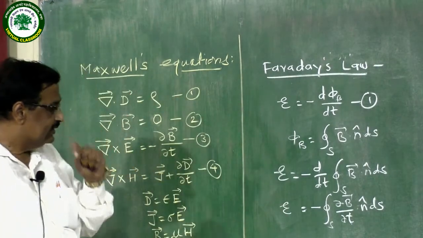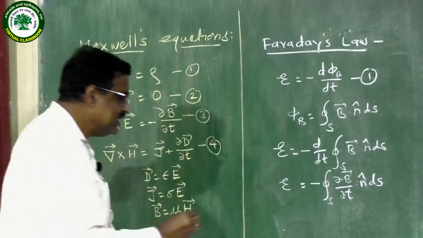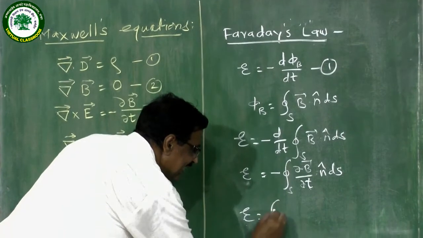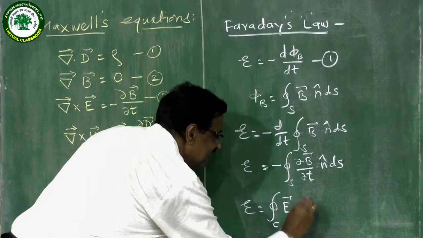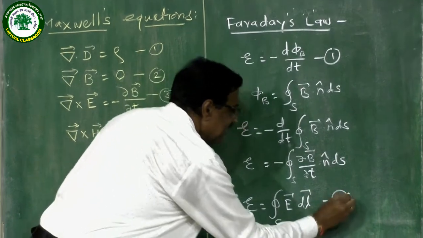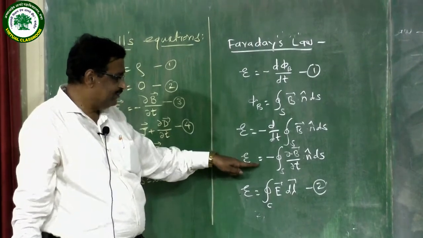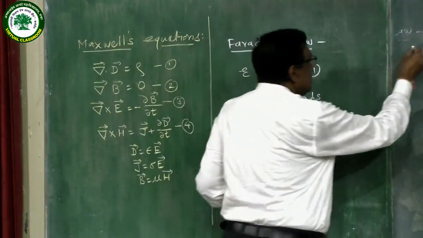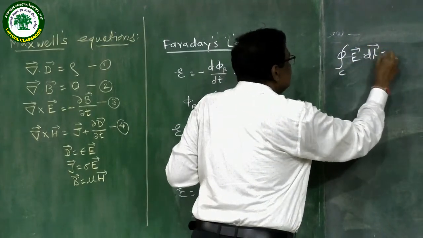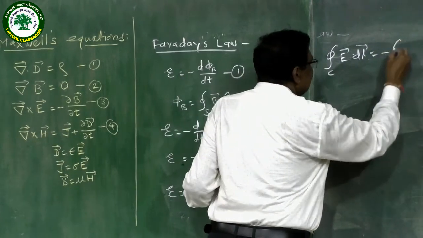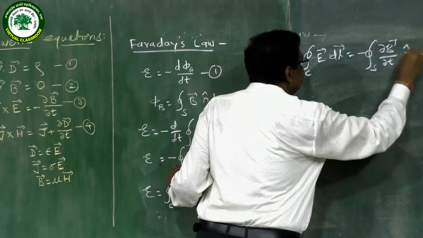But according to Faraday's law, the induced EMF is also expressed in terms of electric intensity, right? This electric intensity is denoted by E, so we have the integral over C of vector E dot dl. This is another equation. Now if we put the value of this induced EMF in the previous equation, we rewrite it as the integral over C of vector E dot dl is equal to minus the integral over S of ∂B/∂t dot n dS.